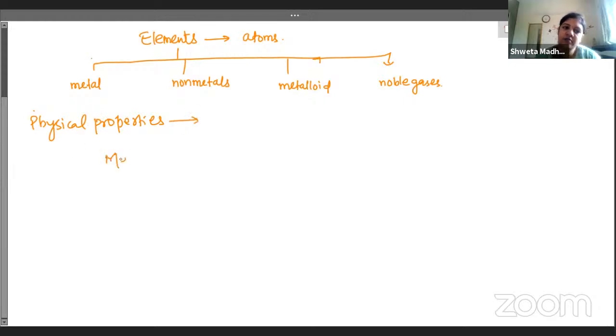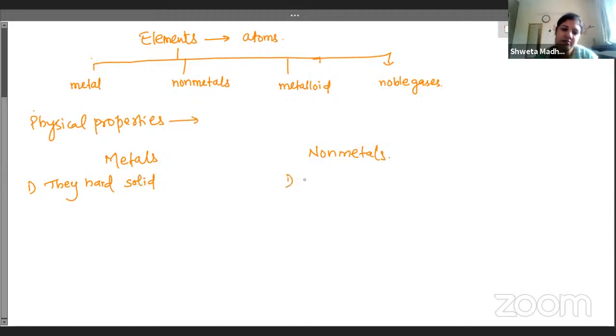Physical properties of metals. First, they are hard solids. Metals are hard solids. These are hard because of their more strength and more density, and they are solid in state. But there are a few exceptions.